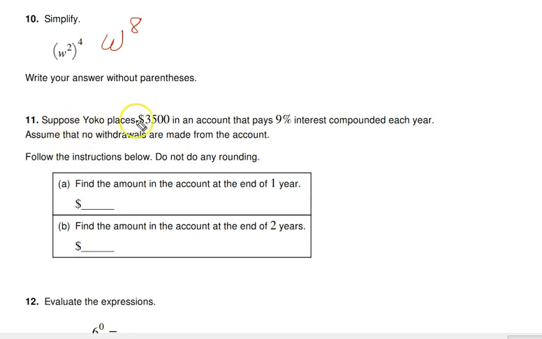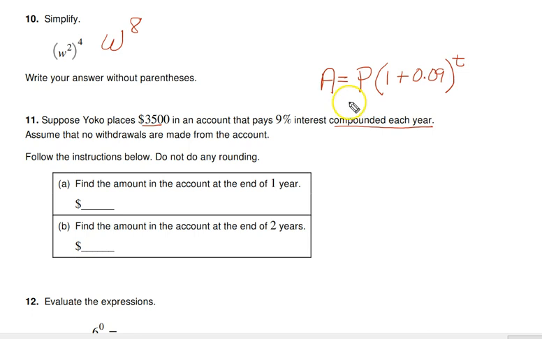All right, now here, for number 11, you need to be familiar with the formula for compounded interest, not simple interest. So the formula for compounded interest is future value is equal to the principal, which is the 3,500, times 1 plus the rate, which is in its decimal form, raised to the time, and this is in years.